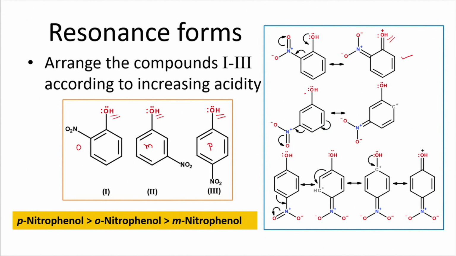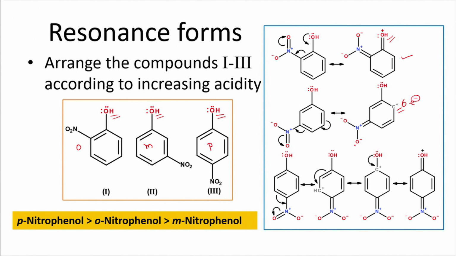This lone pair cannot participate in the extended conjugation in this resonance structure. So, this carbon becomes carbon positive. This is not a preferred one, because it leads to 6 electrons for this particular carbon, and that is the reason this is a less contributing structure for the resonance.